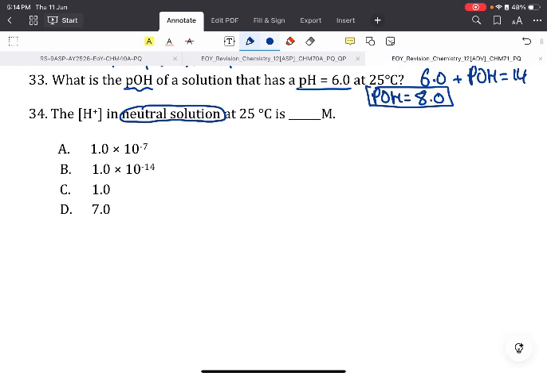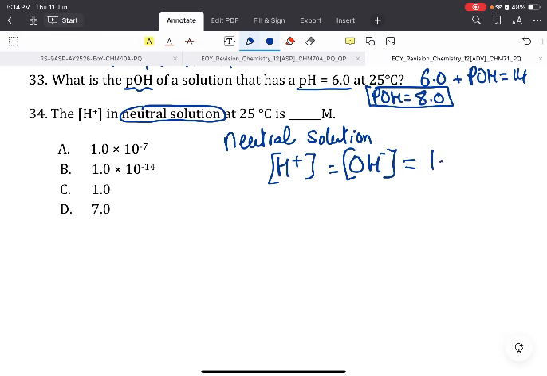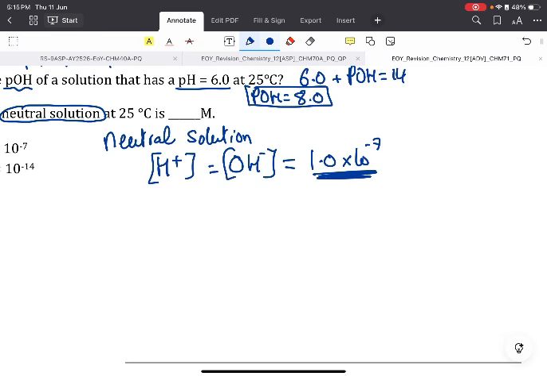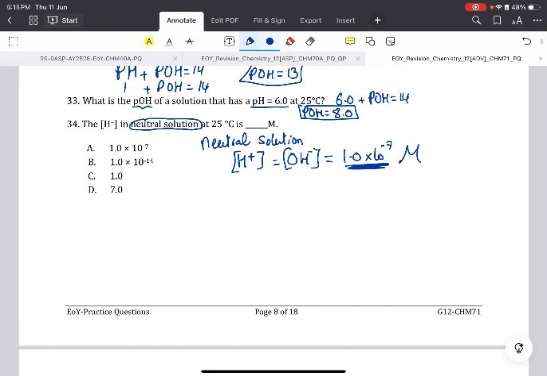At the beginning of subtopic 6.1, I mentioned when I have a neutral solution, H plus will be equal to OH minus and will be equal to exactly this concentration. So if I have a neutral solution, here's the answer.